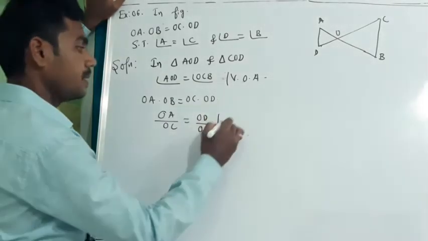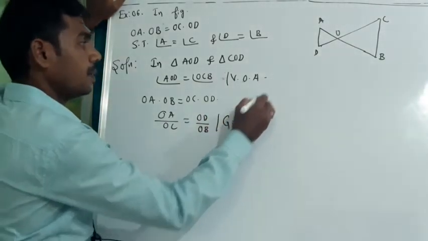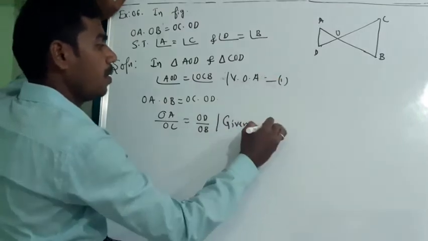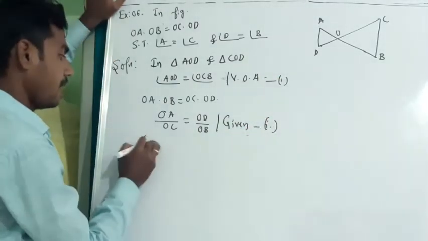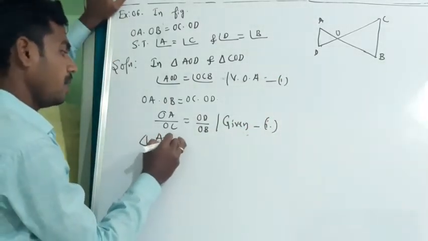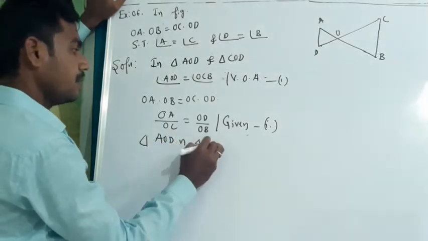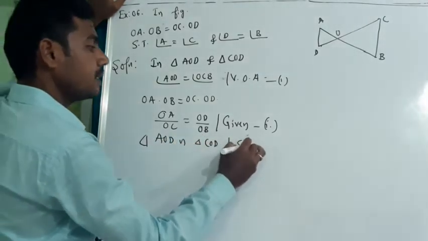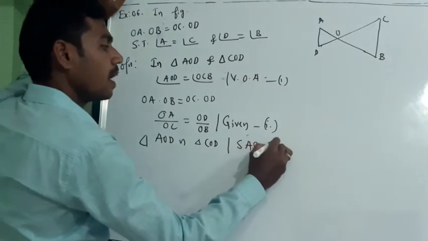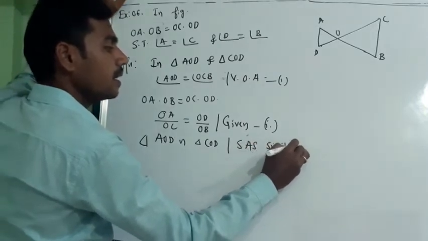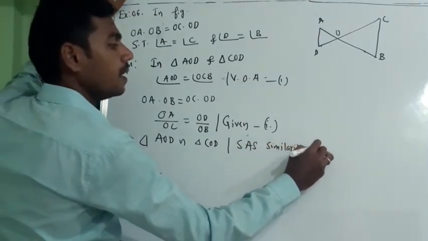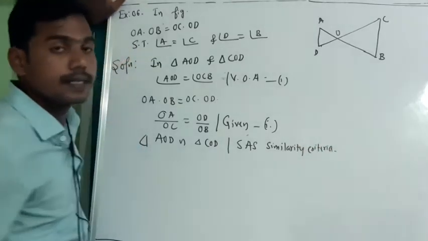So it is given. So from 1 and 2, triangle AOD is similar to triangle COB because of the SAS similarity criteria.